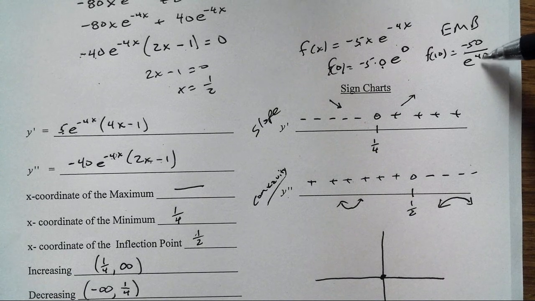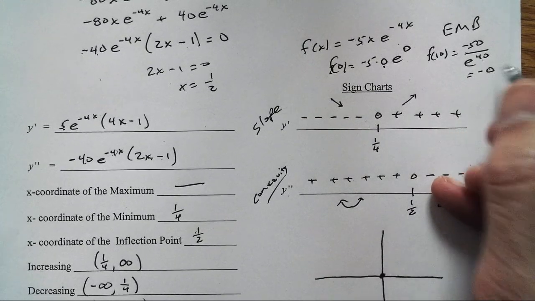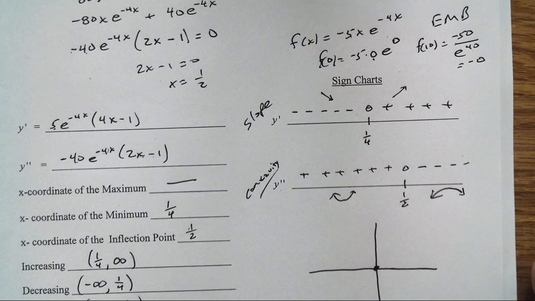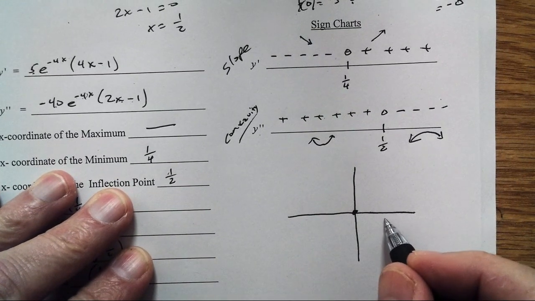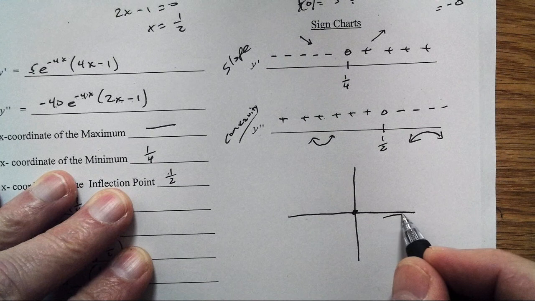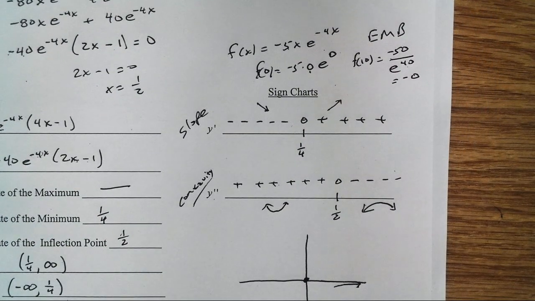We're going to get negative, but 50 divided by e to the 40th already is virtually 0. So we're basically getting negative 0. I know that's kind of an oxymoron, but we're getting closer and closer to 0 from the negative side, which implies we look something like that.